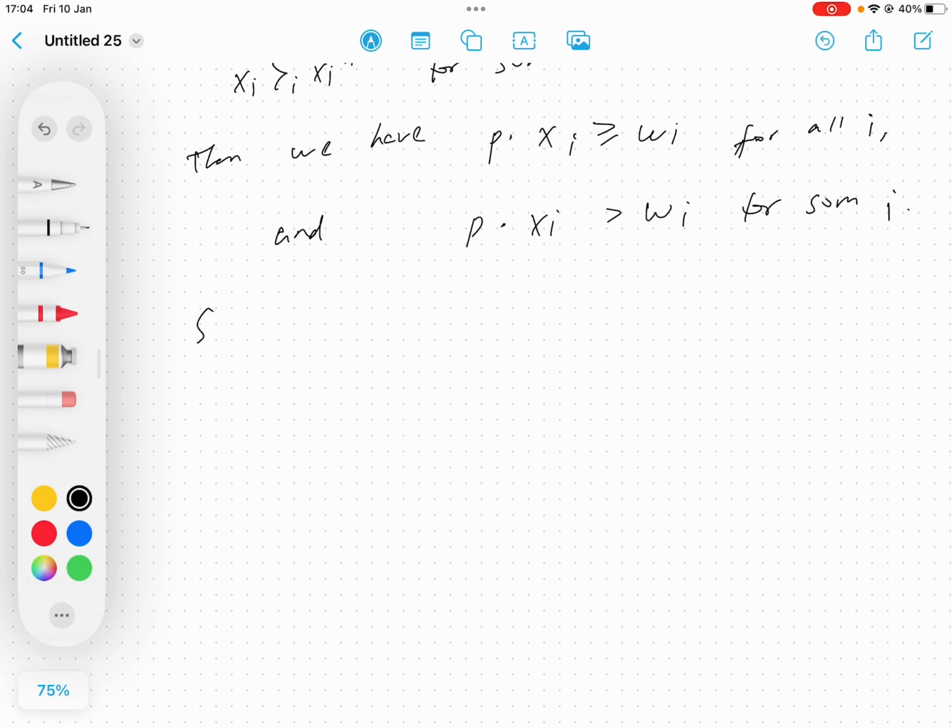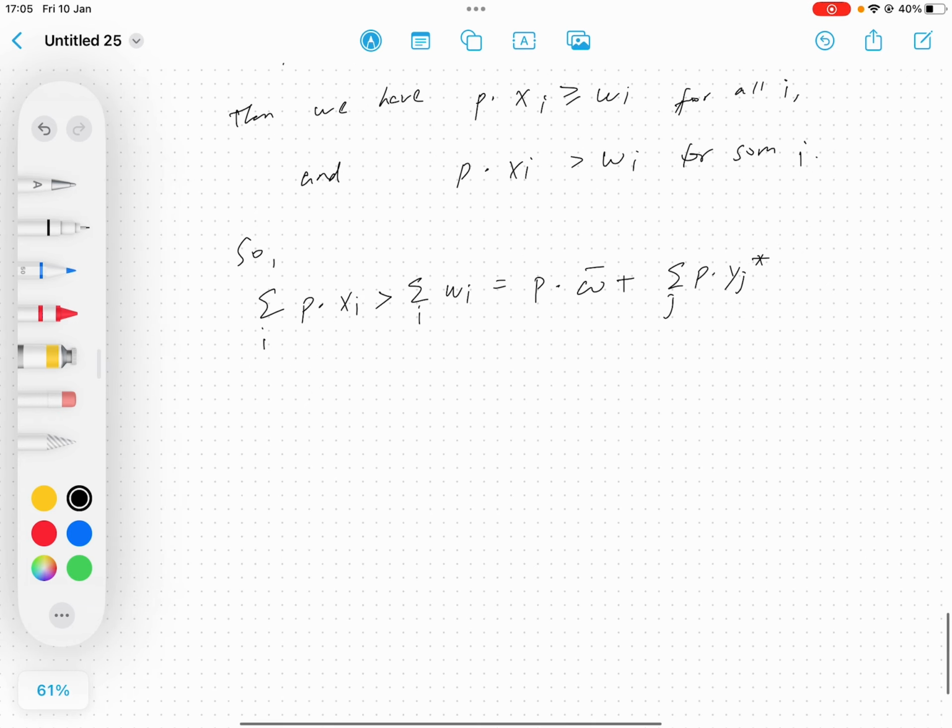So we sum over all the i's: p inner product xi is strictly greater than the summation of Wi, which is p inner product omega plus the summation over j of p inner product yj star.